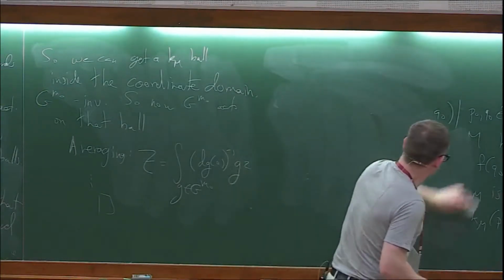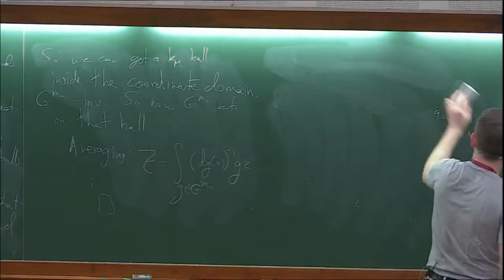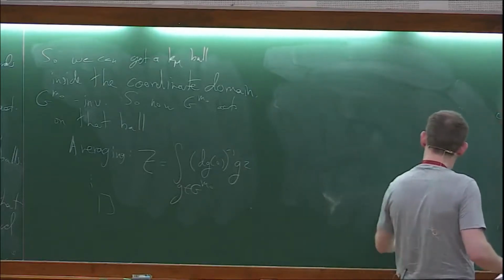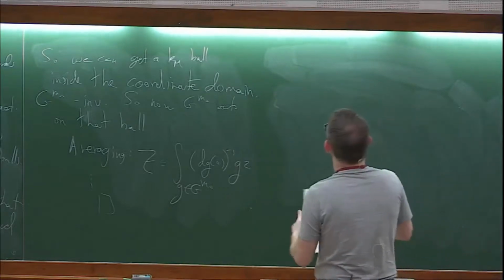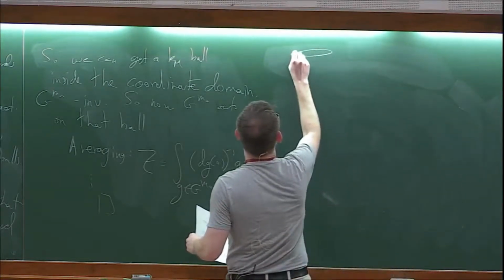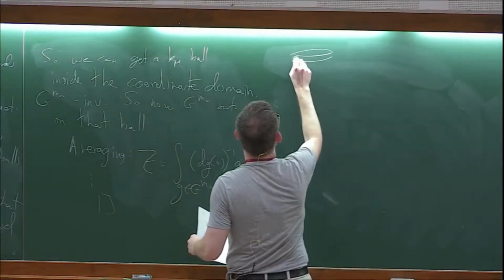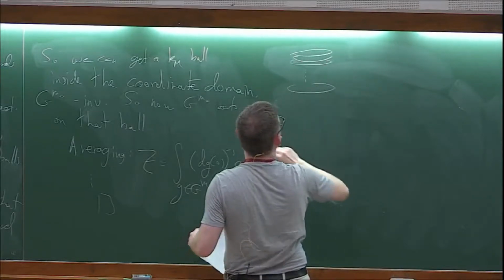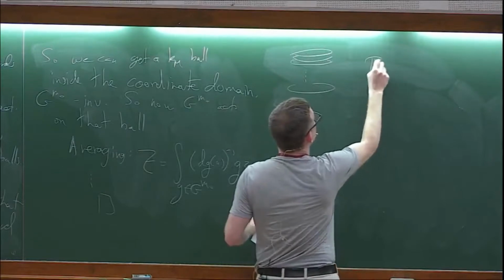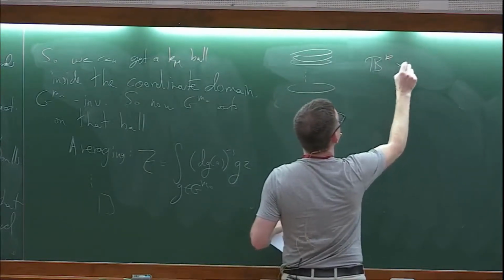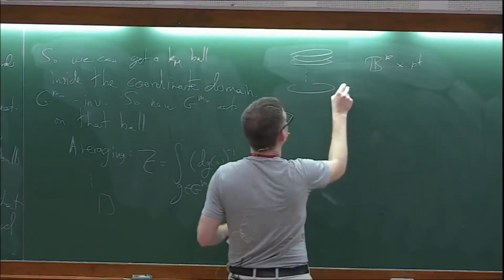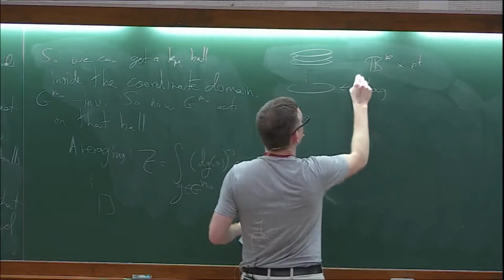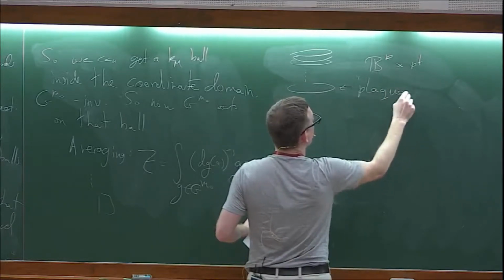So we have these Bochner coordinates, and my picture in my head of what they look like is a product of balls, something like stacked-up pancakes. You have these balls, B^k crossed with a point, and these we'll call plaques.